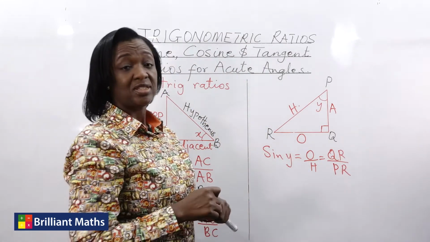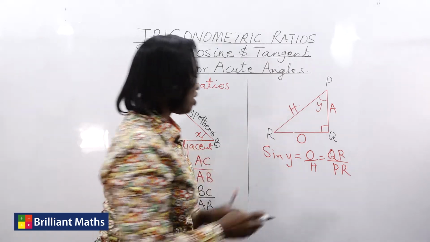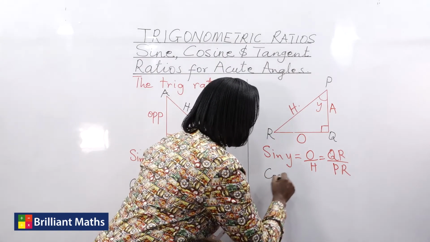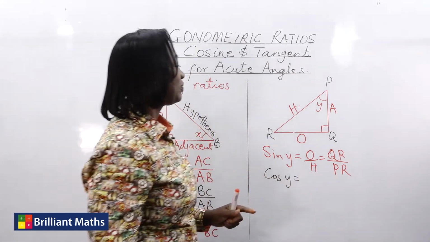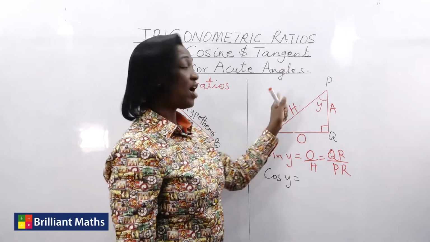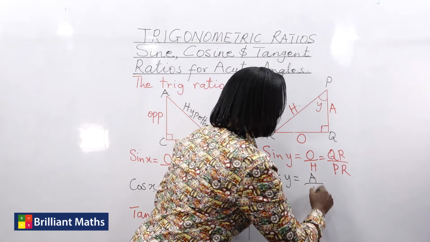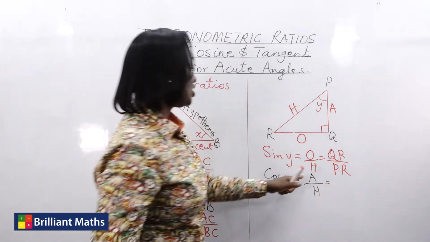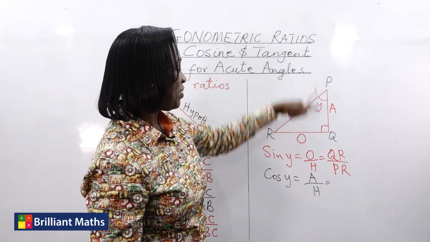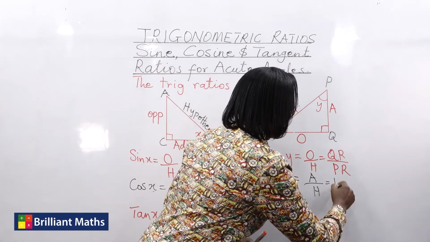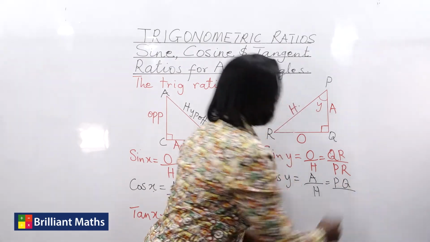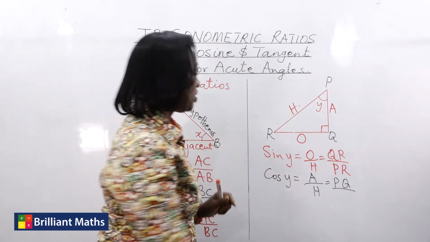Then for the cosine of angle Y, cos Y is equal to adjacent over hypotenuse, and the adjacent line is PQ, and the hypotenuse is PR.